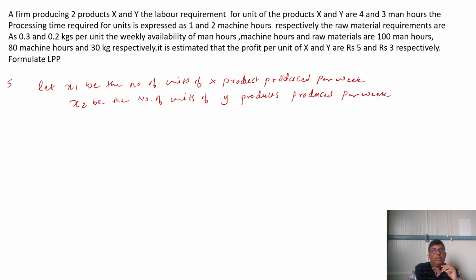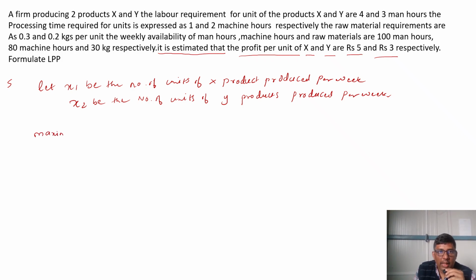Next, we have to identify the objective function. In the statement it is mentioned that the profit per unit of X and Y are rupees 5 and 3. So this problem has a profit function. Profit means the objective will be to maximize.